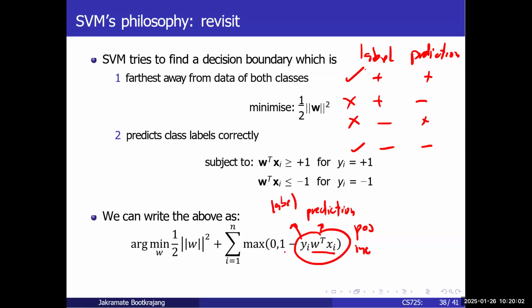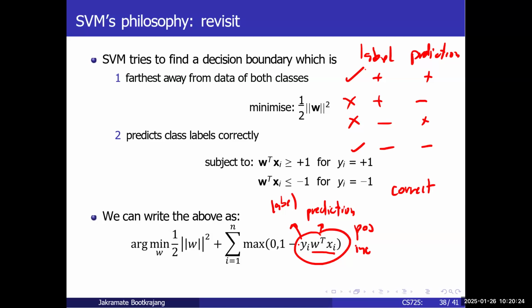And you take one minus, right? You take one minus. So if I predict correctly, I will get a positive number, right?